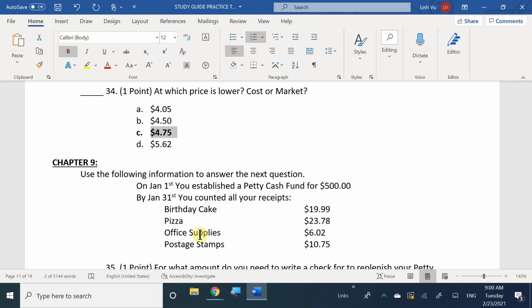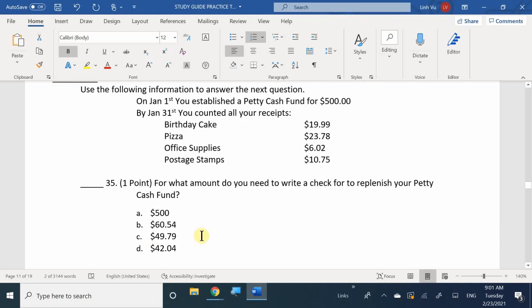By January 31st, you counted all of your receipts and you found that you bought a birthday cake for $19.99, a pizza for $23.78, office supplies for $6.02, and postage stamps for $10.75. So the question here is, for what amount do you need to write a check to replenish your petty cash fund? 60.54.